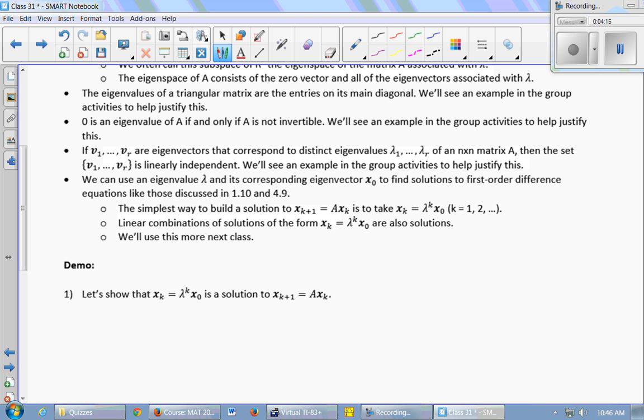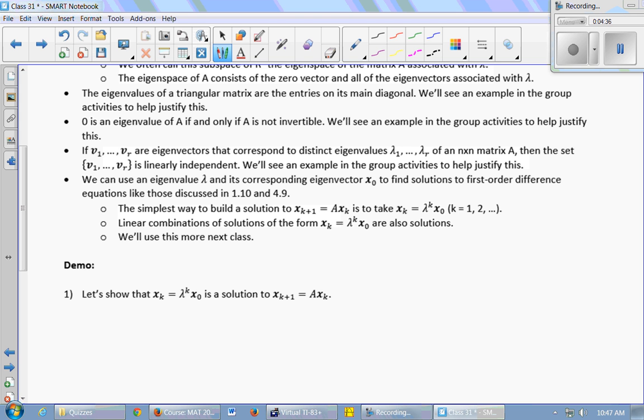We'll see an example in the group activities to help justify this linear independence of the eigenvectors corresponding to different eigenvalues. And then you can use lambda and its corresponding eigenvector x naught to find solutions to first order difference equations like the ones we discussed in 1.10 and 4.9.